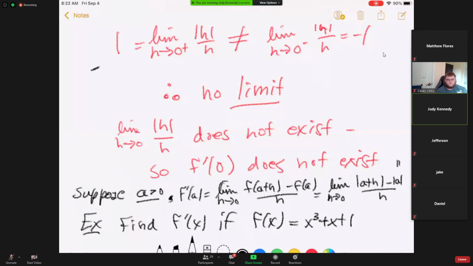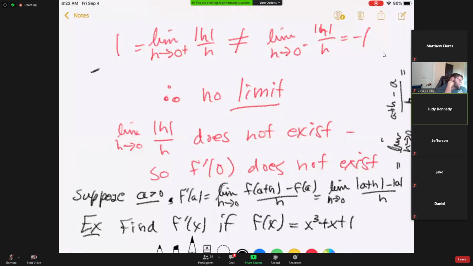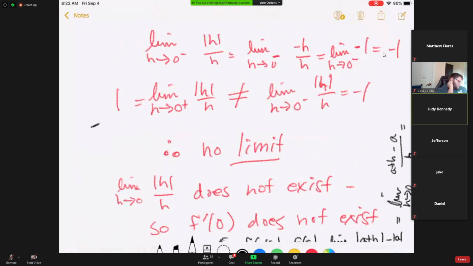This would be equal to the limit as h approaches 0 of, for positive numbers, a plus h minus a over h. That's the limit of h over h, and that's just 1.